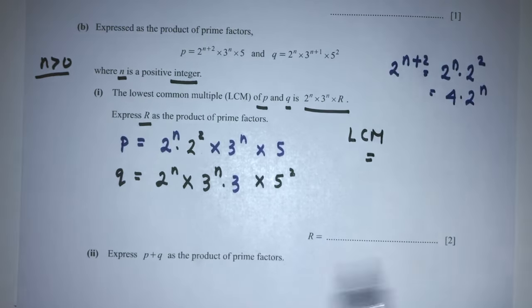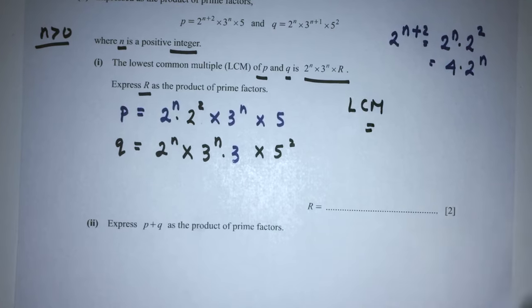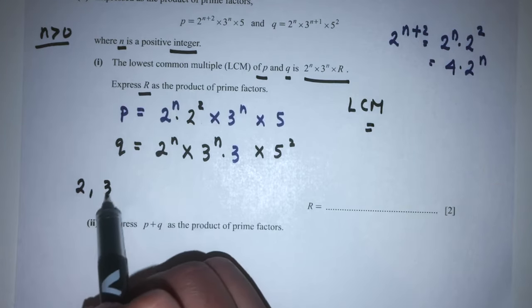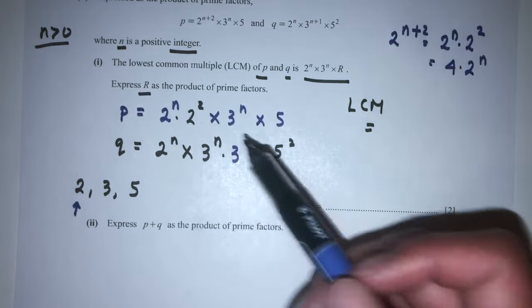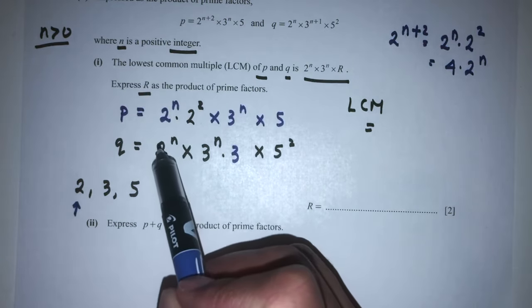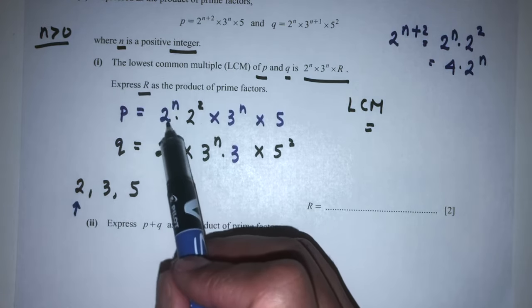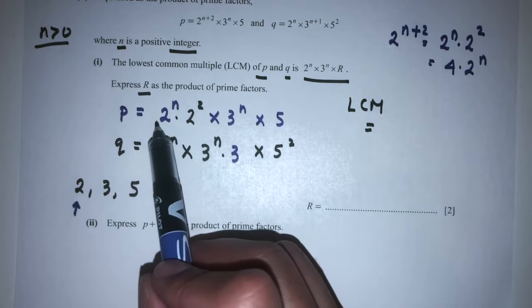Here if you observe, we have 3 prime factors: 2, 3, and 5. So one by one, the question is, for the first prime factor, where does it happen the most? By observation, here I have 2 power n, and here we have 2 power n times 2 power 2. So it happens the most here.